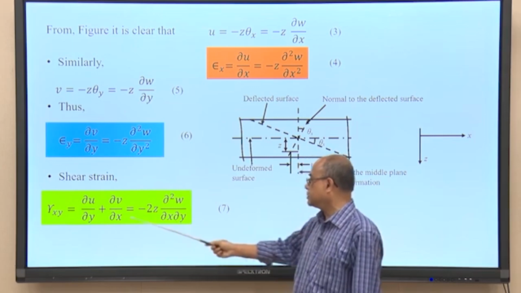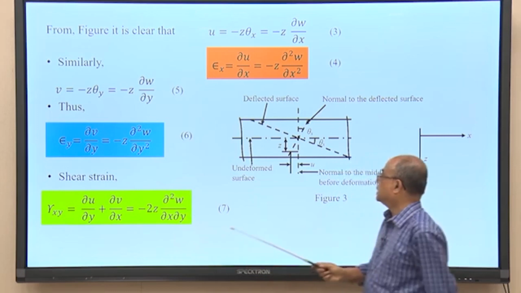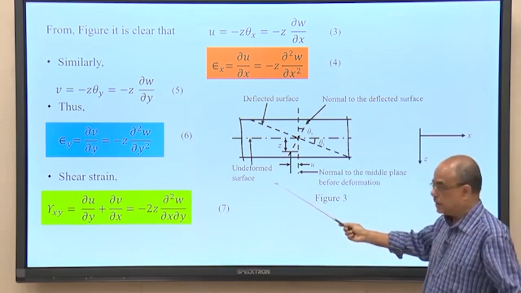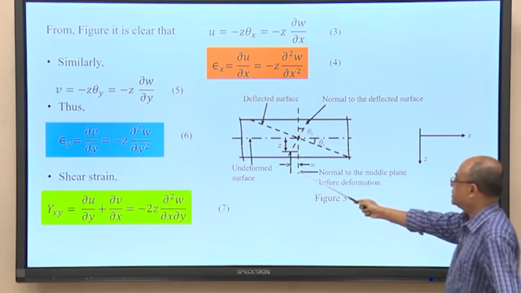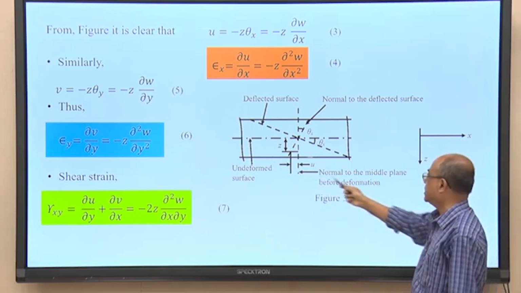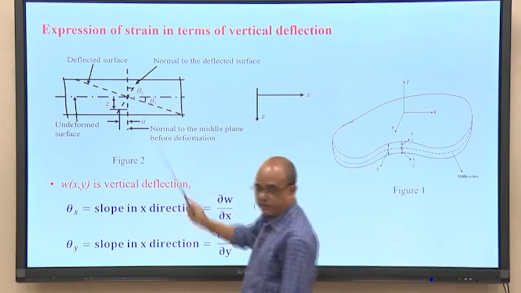So, this expression gives you minus 2 z del square w by del x del y. Here also I have mentioned the undeformed surface and the deformed surface. The undeformed surface is the straight middle plane, and the deformed surface you can see here.